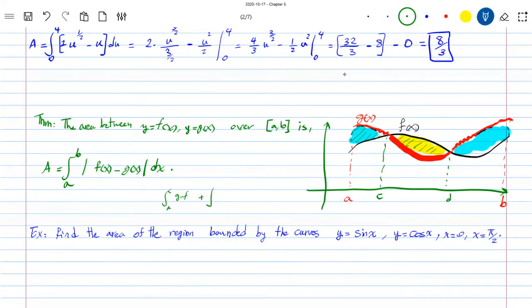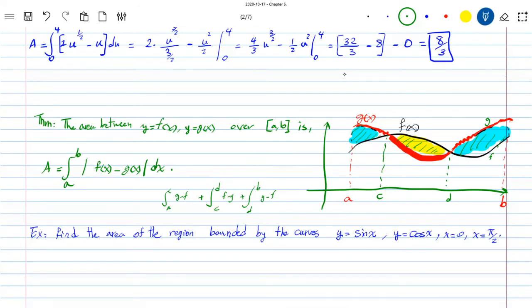In this yellow section, from c to d, f is above g, so f minus g. Plus the last section, from d to b of g minus f, because the g function at this point is above the f function. This way the integrals are always positive, so you get areas.